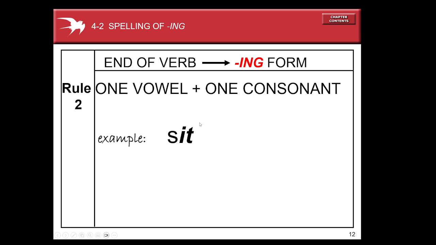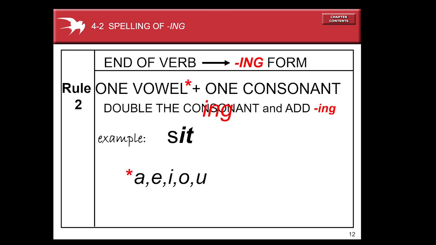Every time we work with these kinds of verbs, we duplicate the last letter. For example, sit, sitting. So we duplicate the letter T. Sit, sitting.